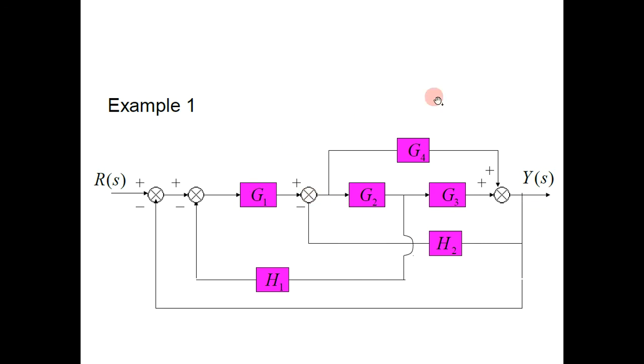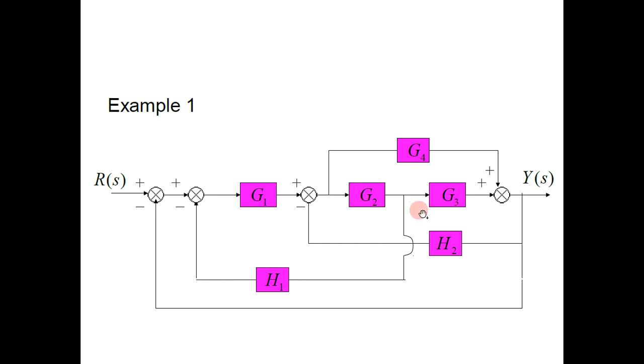If you observe this block diagram, there are no blocks that are in series or in parallel or in a feedback loop. But if you observe this part I'm showing here, if we move this branch point to before the block G2, then G2, G3 will be in series, or in cascade, so that we can multiply G2 and G3.